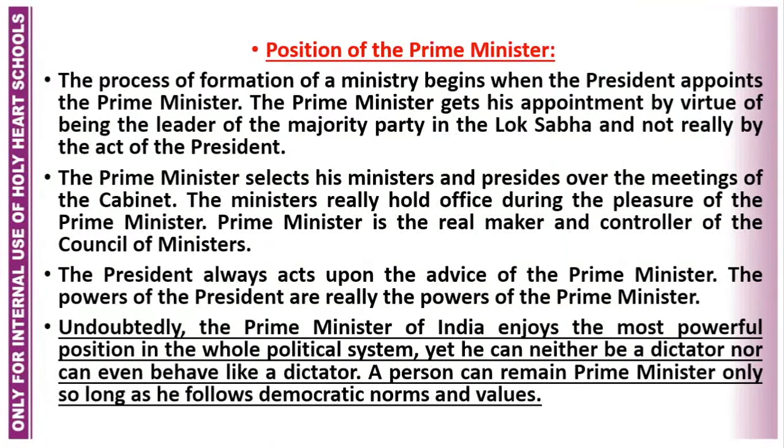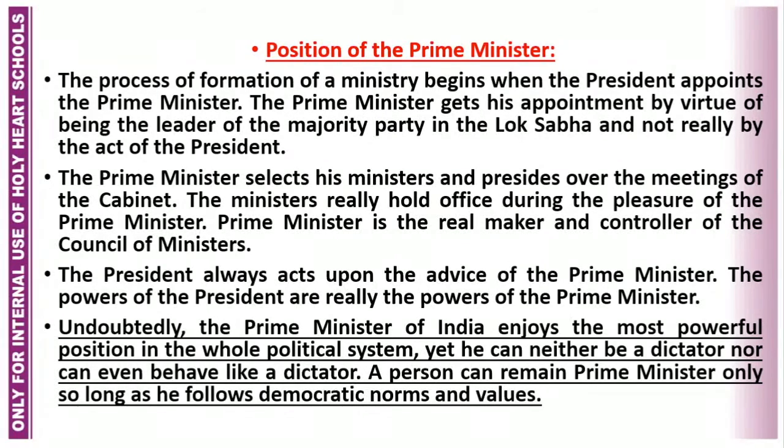Yet, he can neither be a dictator nor even behave like a dictator. A person can remain Prime Minister only so long as he follows democratic norms and values. So, this is also very important to understand. No doubt the Constitution provides very many powers to the Prime Minister. The real head is the Prime Minister, but he can't act like a dictator.